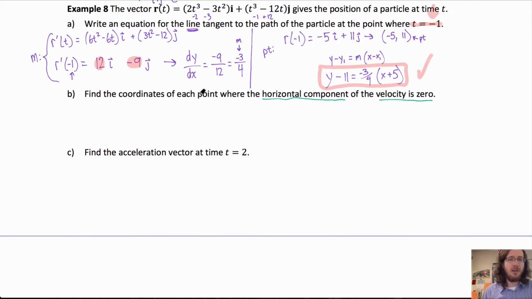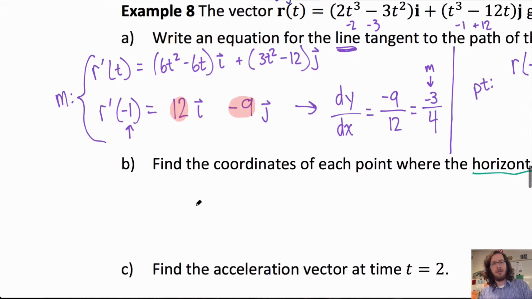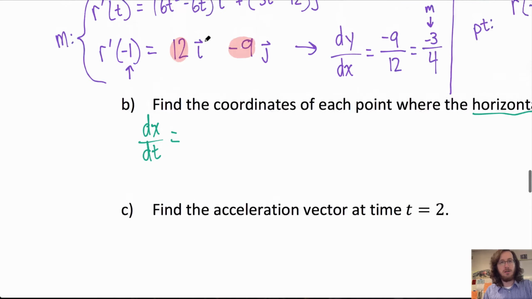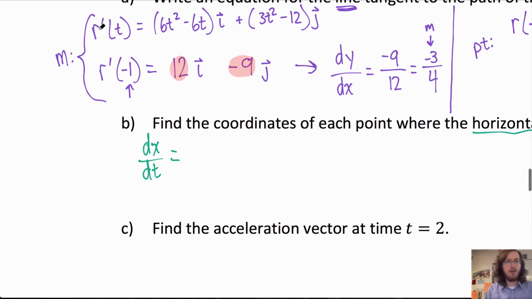We want to find the coordinates of each point, so we're looking for an x, y, maybe more than one. Our horizontal component of velocity is our dx/dt, which we already found up above. That's the a component of r prime.